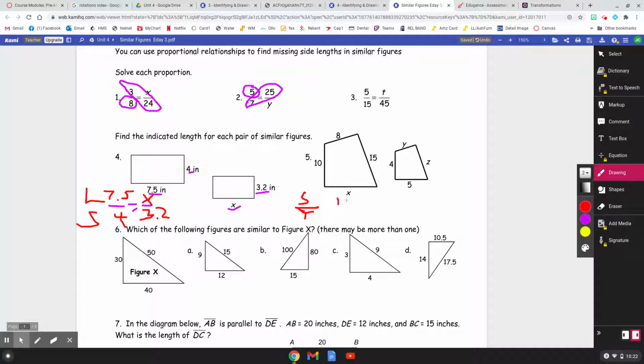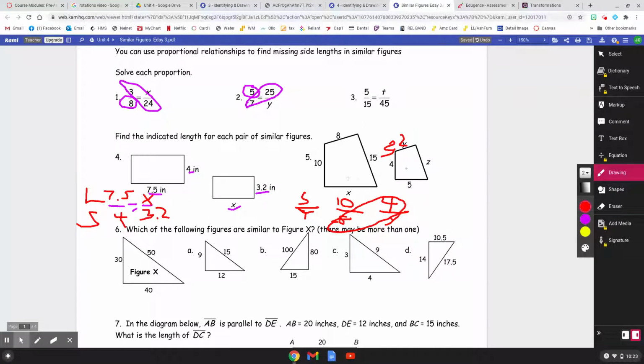So I would have 10 over 8, and on the other one, the straight line going up and down would be 4, over the top line, which would be y. Then I just cross multiply and divide. Here we would have 4 times 8 is 32. Divide that by 10, and this would be 3.2.